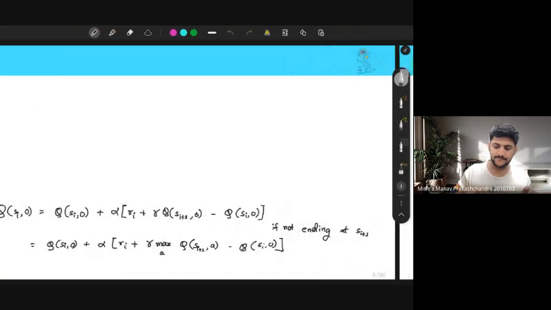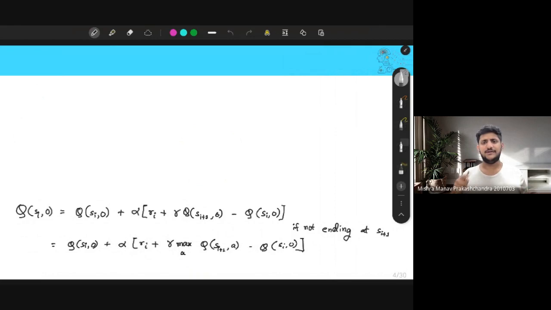This is the update part. If it's ending at state i plus one, then I just do the simple Bellman operation. If it's not ending, the moment it ends at step i plus one, I just choose the next possible action. This is the option update rule. Sorry, I couldn't write it more clearly.